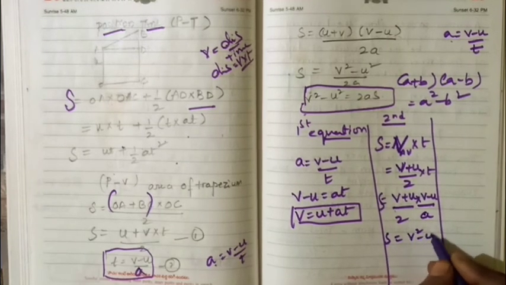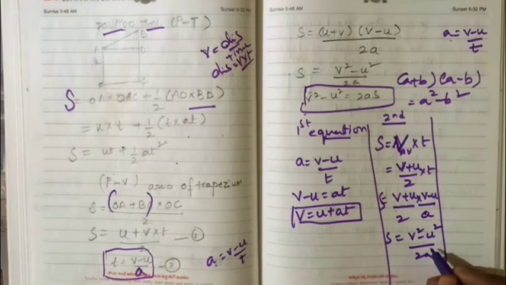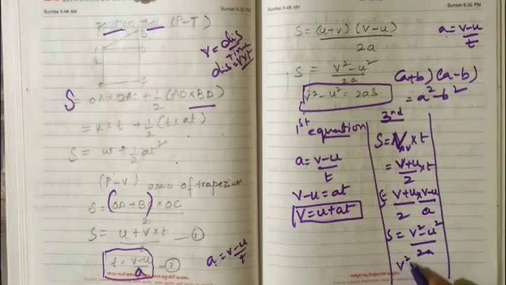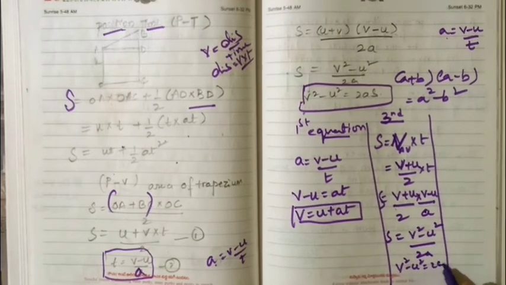So V square minus U square by 2A. Okay, this becomes the third one: V square minus U square is equal to 2AS.